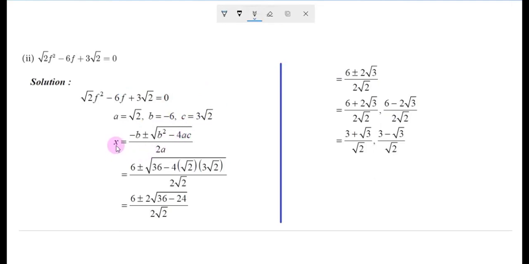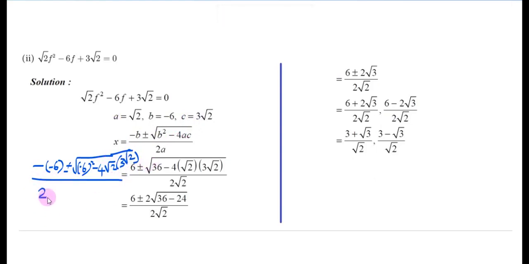Now apply the formula x equal to minus b plus or minus root of b square minus 4ac, whole divided by 2a. So minus b value is minus 6, plus or minus root of b square, 6 square, minus 4 times a value root 2, times c value 3 root 2, whole divided by 2a, so 2 into root 2.